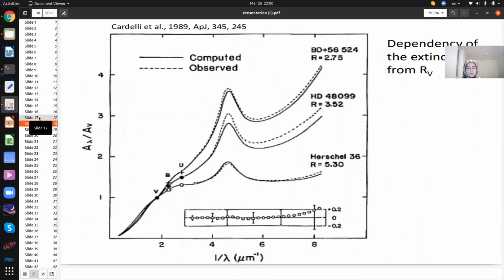We can say that the dust which we see in the interstellar medium must have a size comparable to the wavelengths. For example, here it is a size of 4 up to 5 micrometer. And this dashed line is related to observation.